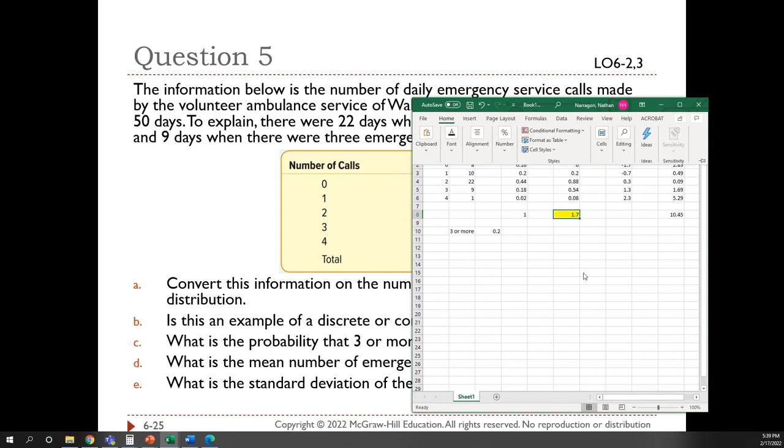There's that bucket. So that is our mu, so 1.7. What is the standard deviation? So standard deviation.